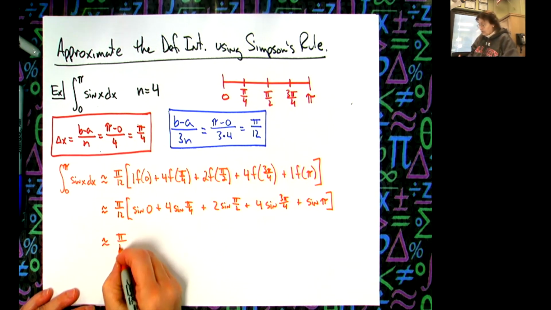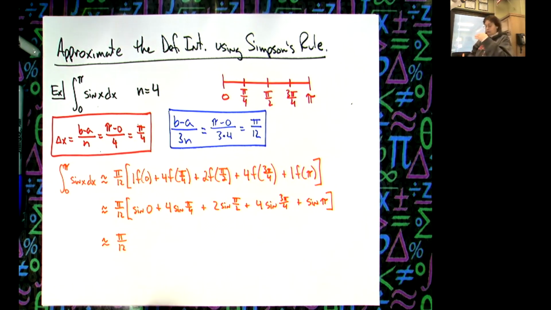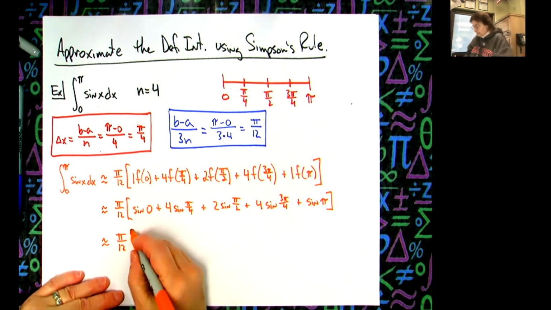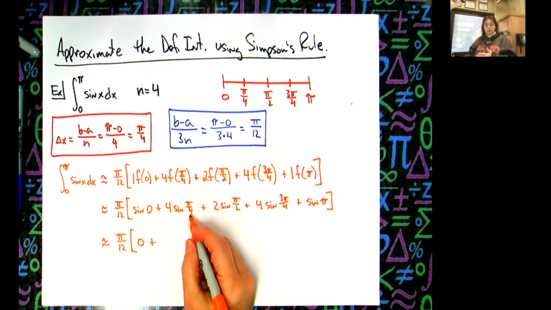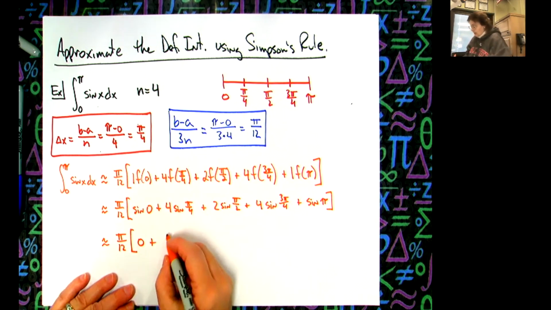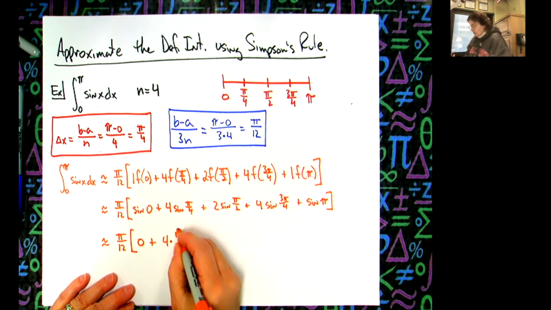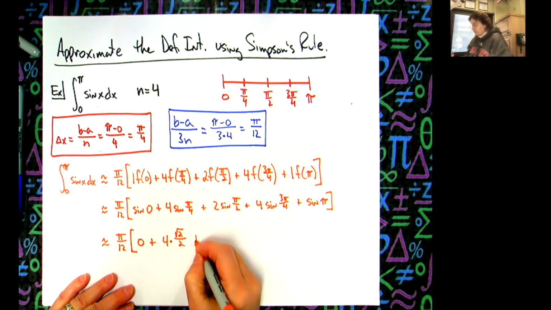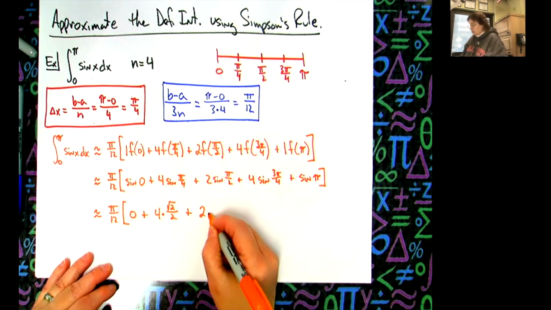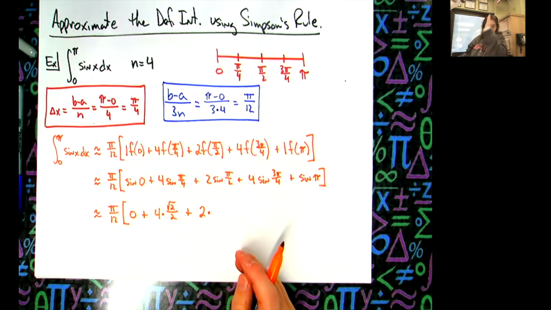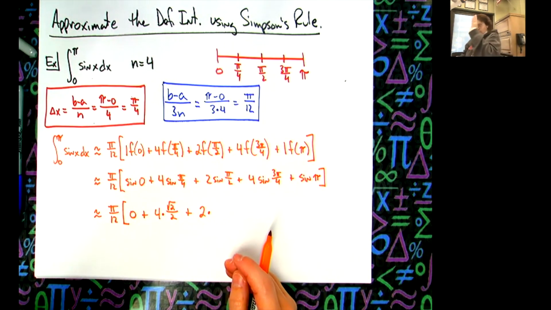Sine of 0 is 0. Sine of pi over 4 is the square root of 2 over 2, so I'm going to have 4 times the square root of 2 over 2. See how we can avoid decimals? We use our unit circle. Then 2 times sine of pi over 2, which is 1.